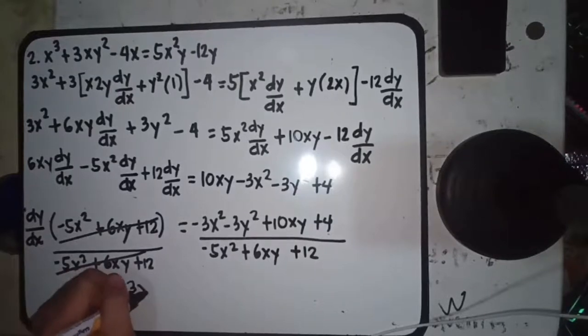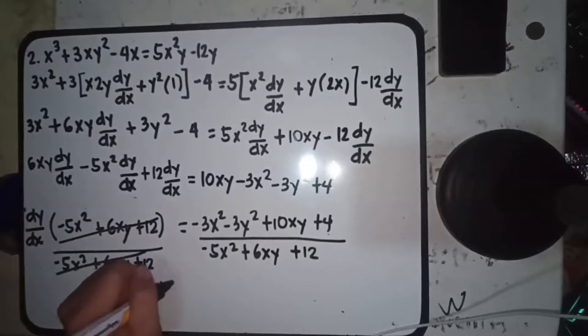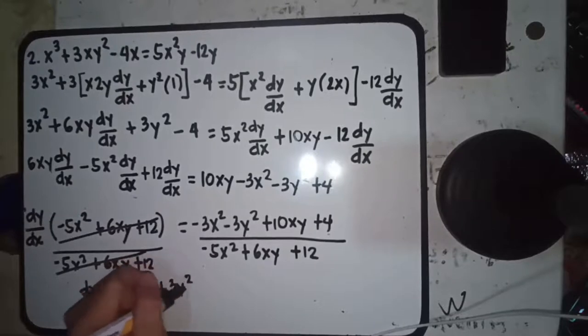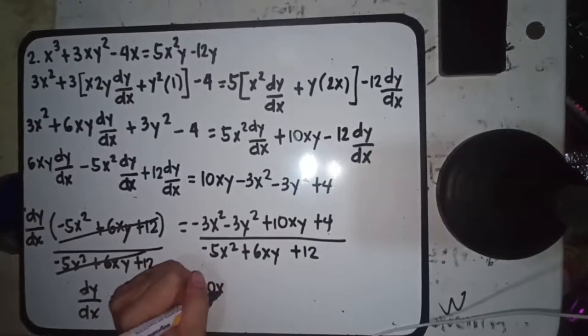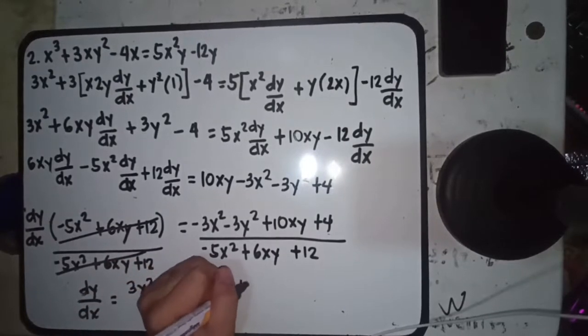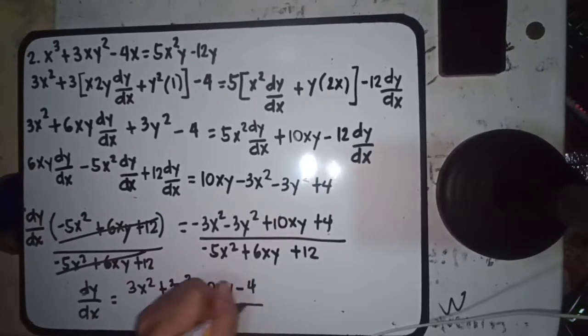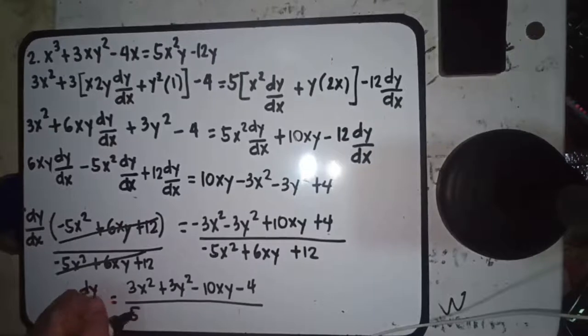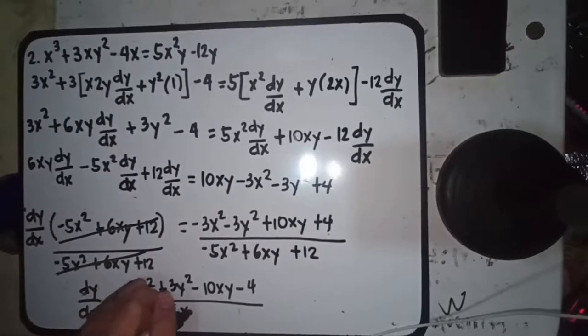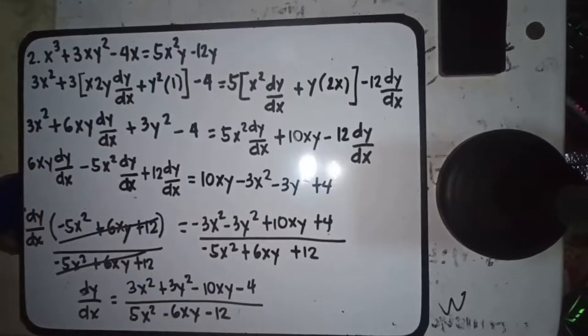So, we'll have positive 3x squared plus 3y squared minus 10xy minus 4, all over 5x squared minus 6xy minus 12. Okay, we have nothing left to simplify, therefore, this is our final answer.